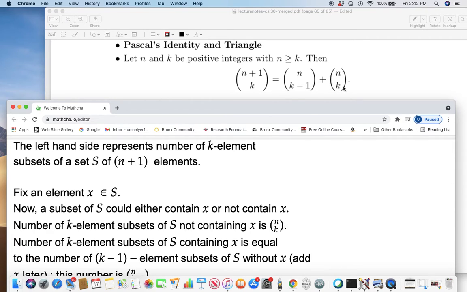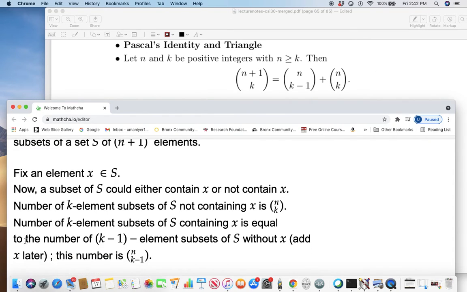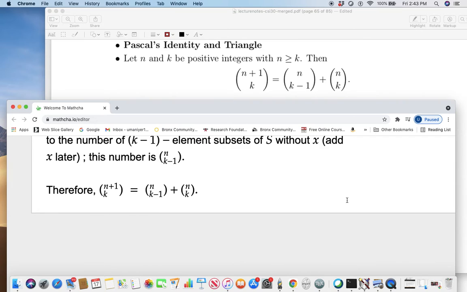So n choose k represents k element subsets from a set containing n elements. So that x is somewhere away. Now, either you have the x or you don't have the x. If your k element subset has x in it, then the remaining elements are k minus 1. So you are choosing k minus 1 remaining elements from the remaining n elements of S. And that's what this number represents. So I hope this is clear.